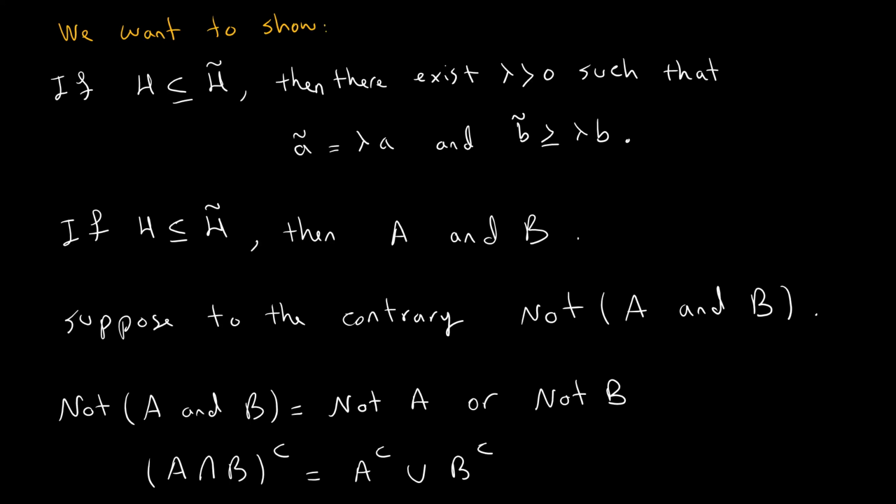Actually, the other implication is more difficult than the first one, because for this implication, we are assuming that if H is contained in H tilde, then there exists lambda greater than 0, and these two conditions hold.